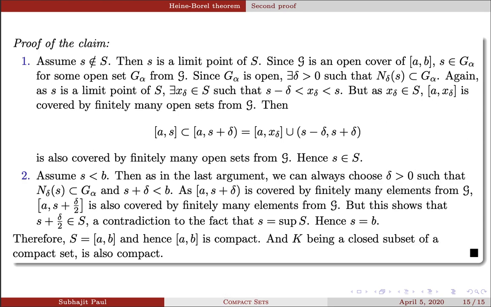Now, K being a closed subset of a compact set is also compact, right? So this small proof is quite beautiful, and this is a much one-dimensional proof of Heine Borel theorem.